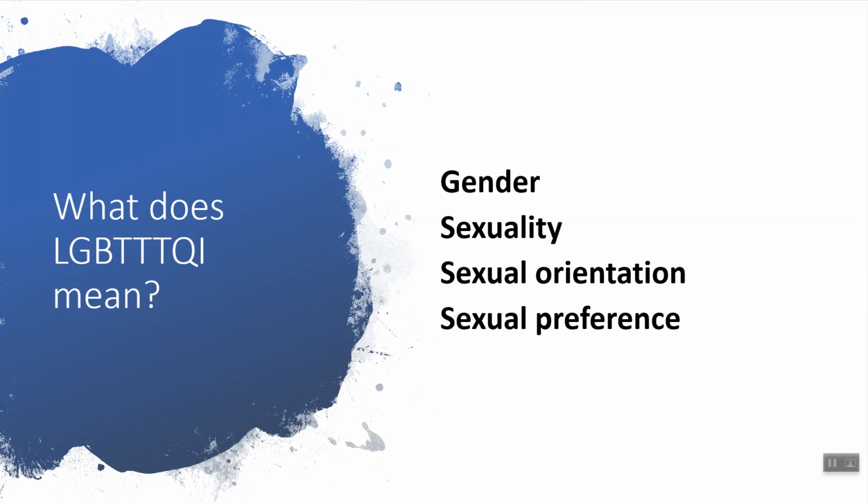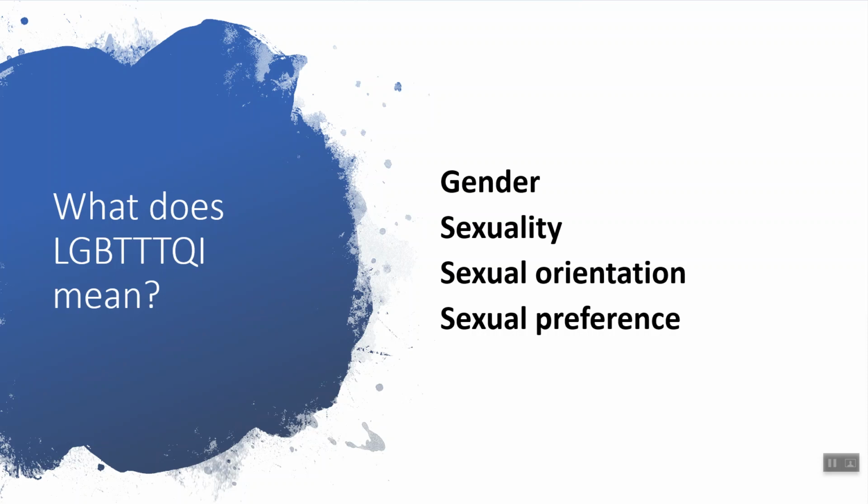Gender is whether we are male or female, or on a spectrum of male or female, neither 100% male, neither 100% female. So gender and sexuality are different things. They're often related. I mean, in the term LGBTTQI, we can see that some of the terms, such as transgender, relate to gender, and other terms such as lesbian relate to sexuality. Okay, but gender and sexuality are two different things.